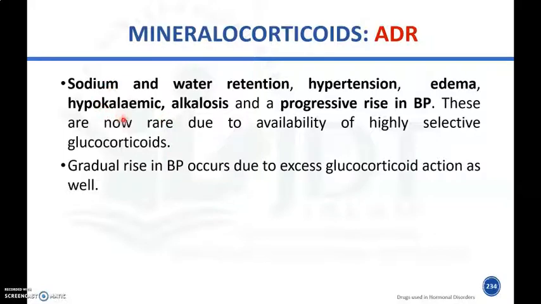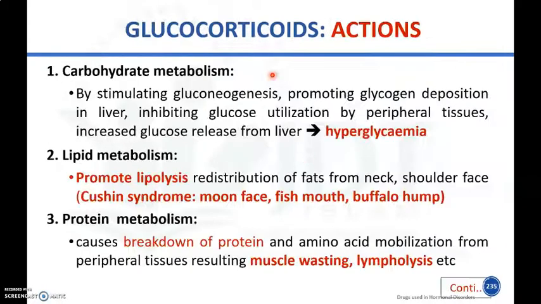So it may lead to hypokalemia, alkalosis, and progressive rise in BP. But these are now rare due to availability of highly specific glucocorticoids. Then gradual rise in BP occurs due to the excess of glucocorticosteroid action as well. So these are the adverse drug reactions of mineralocorticosteroids or mineralocorticoids.